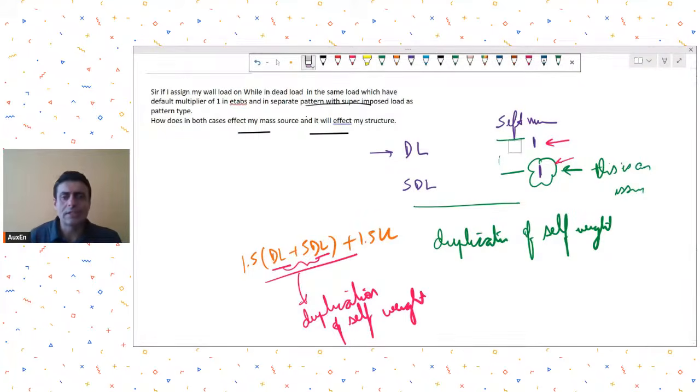What is suggested is that you have all the other self-weight multipliers as 0, and only for one load pattern, let's say dead load, you keep the self-weight multiplier as 1. And why even create separate load patterns for superimposed dead load and wall loads? You can just have it in dead load itself. Just create one load pattern for all your dead loads and put everything in that. I suggest that is the better way, rather than defining multiple load patterns where you are defining dead loads.